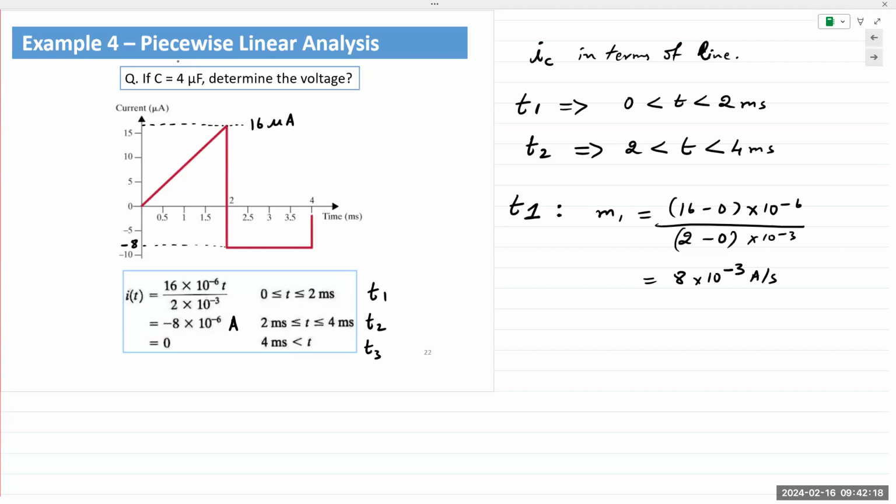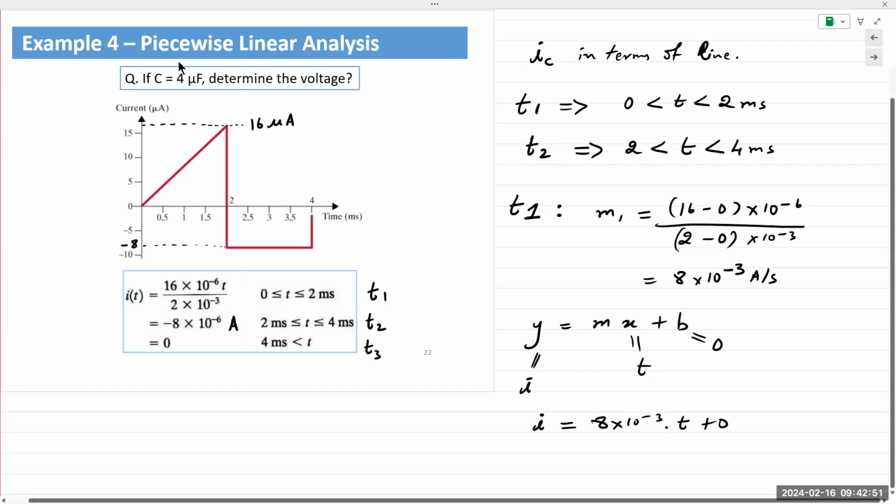And then the equation of the line for time period 1, T1: B is 0, X is T, and Y is I. I simply get I of T is 8 into 10 raised to minus 3 T plus 0, which is what we have here, right?